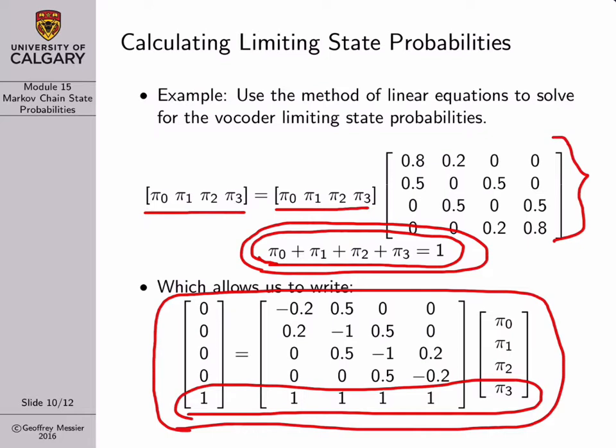Okay, so what we're going to do is we have 5 equations, 4 unknowns, and we're going to solve for the 4 unknowns. When you have more equations than unknowns, you have an overdetermined system, and what I usually do when I have an overdetermined system is I solve for my unknowns using something called a pseudo-inverse.